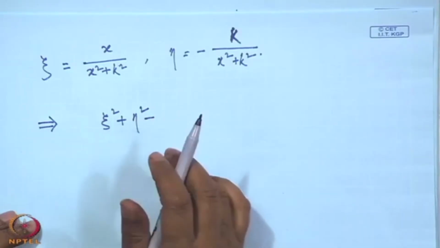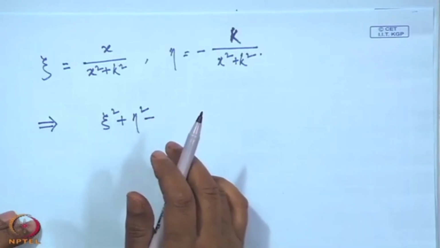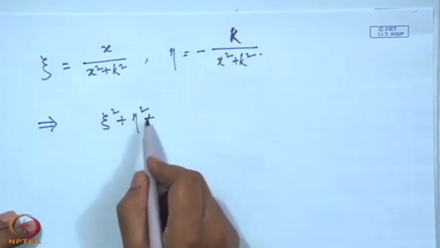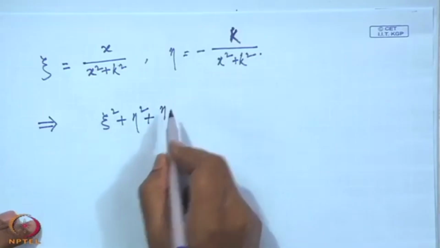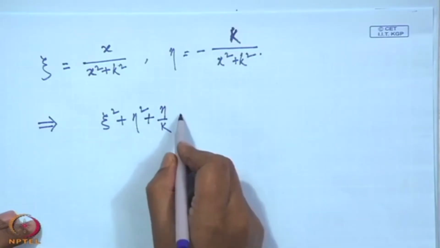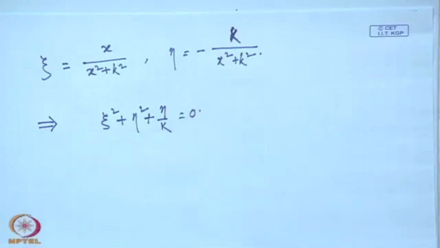Xi square plus eta square plus... What is it? Hyperbola? Is this an ellipse? This is a circle.